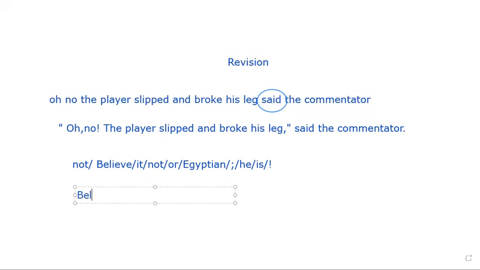So believe it or not is a common expression meaning that the fact I'm going to say is so surprising that you might not believe it. So believe it or not, and after that we put a semicolon.